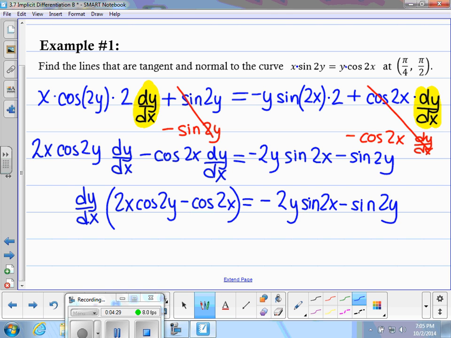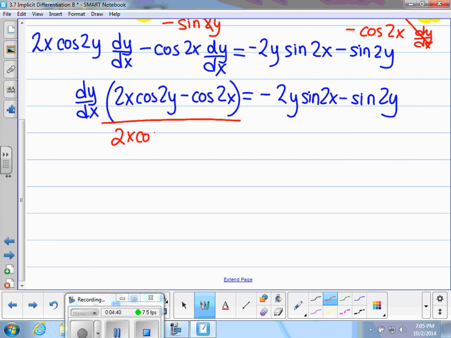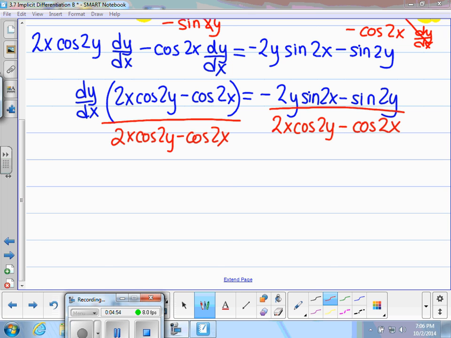To get dy dx by itself, I have to divide away everything in the parentheses. So that's my next step. So divide this side by 2x cosine 2y minus cosine 2x, and divide the whole other side by 2x cosine 2y minus cosine 2x. All right, now this is my derivative.